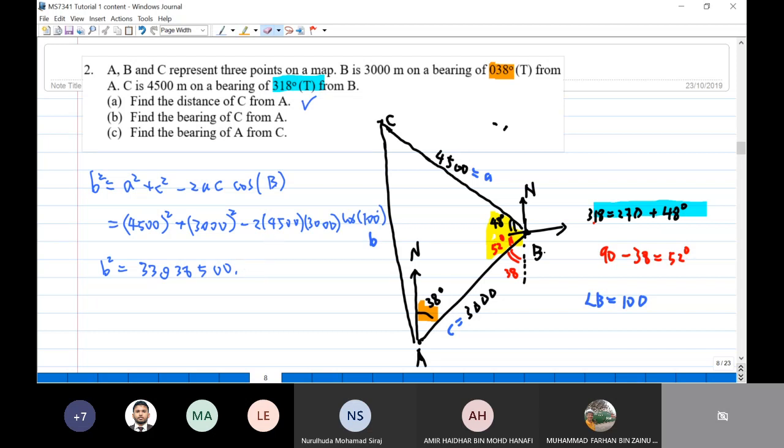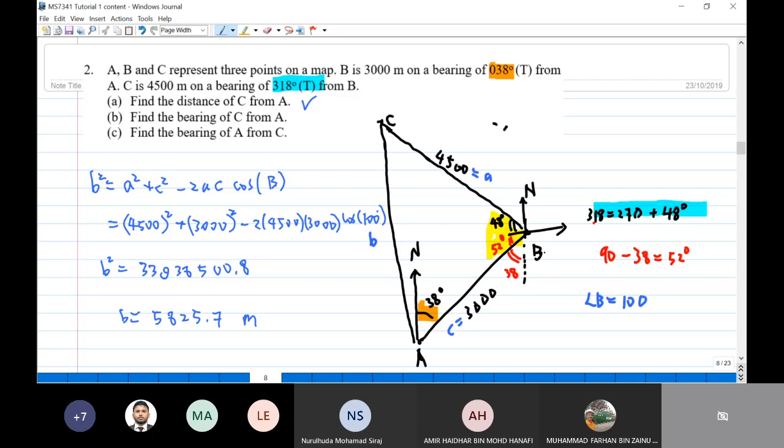Of course, then I take the square root to get B. So B is equal to 5825.7, I think the unit is meters.